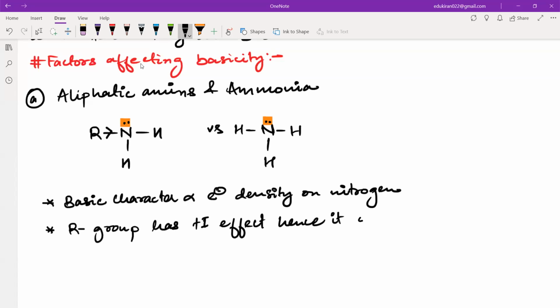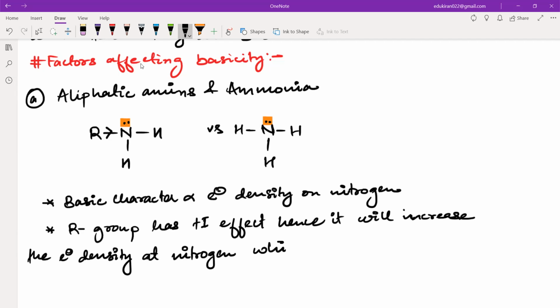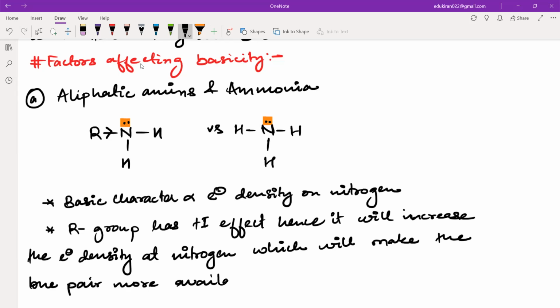Hence, it will increase the electron density at nitrogen, which will make the lone pair more available for donation.